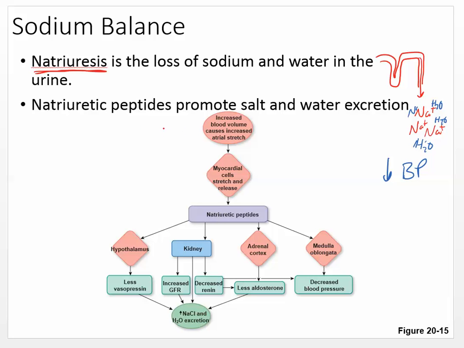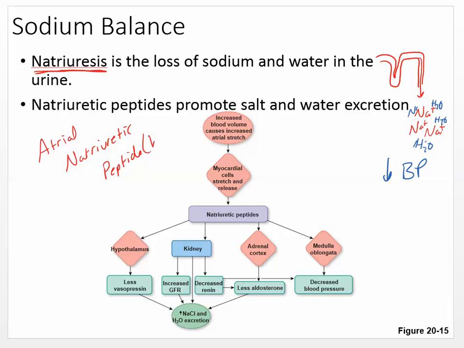Now, it's interesting, and it's easy to remember why if you remember how it's activated. Okay, it's called atrial natriuretic peptide. Sometimes it's called hormone.